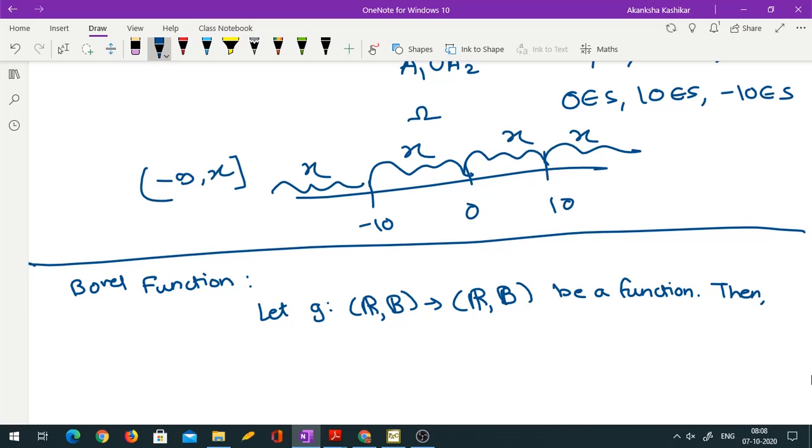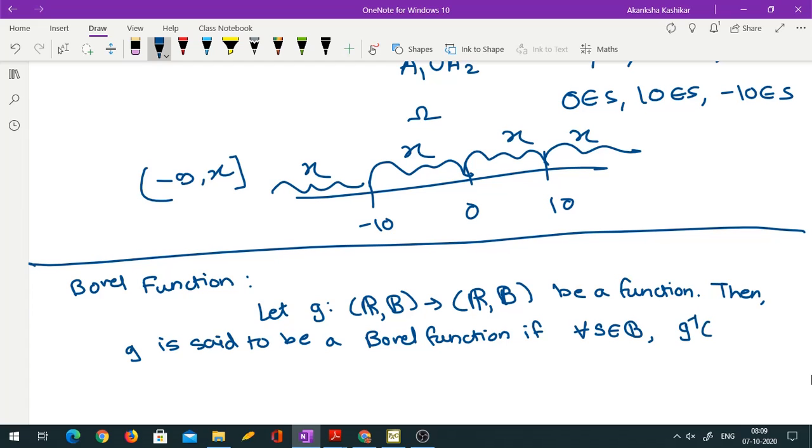Then G is said to be a Borel function if for every S in script B, G inverse of S is in script B.